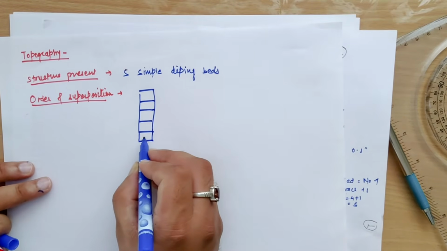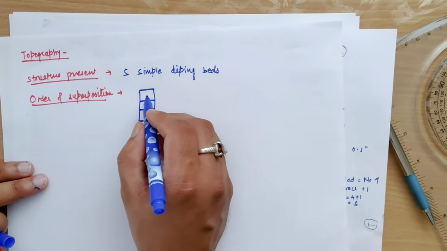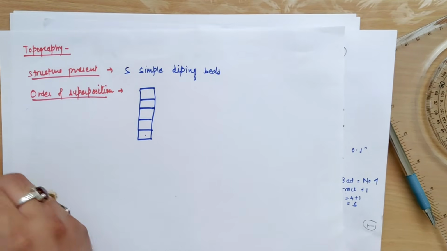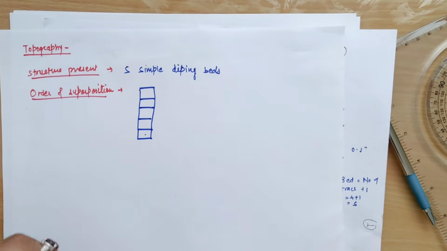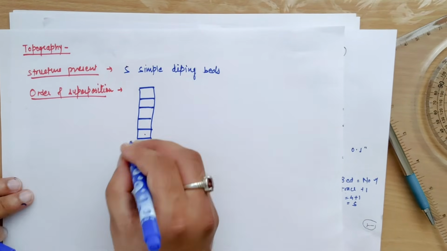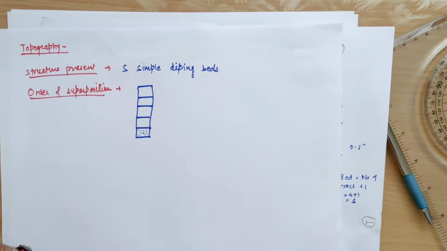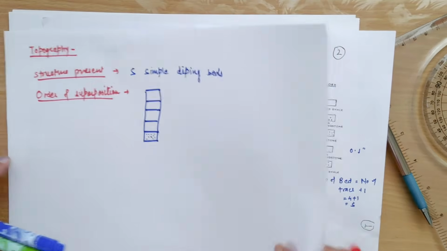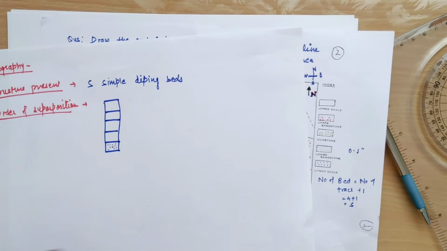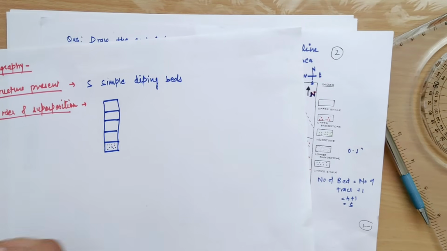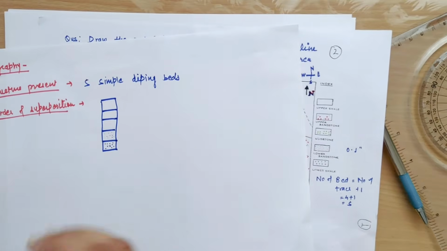So bed number 1 will be at the bottom and the youngest bed, that is 5, will be at the top. So bed number 1 over here is lower shale, that is represented by 2 dots. We'll fill it like this. Then we have lower sandstone, represented by a symbol like this by the pen, somewhat light.